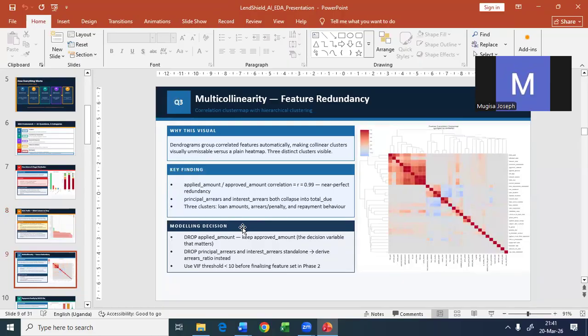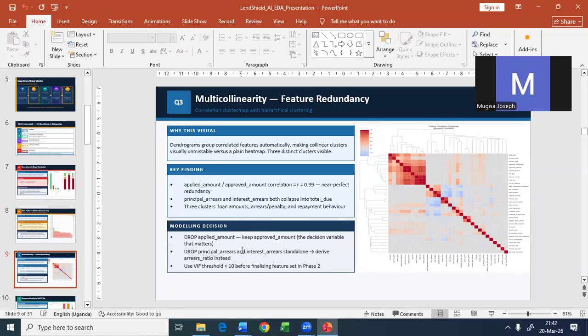So we had a visualization to look at multicollinearity. We look at how features are related to each other, and therefore we had to group features together. These ones which are grouped are showing us that these features are overlapping, and therefore they're just going to cause noise. So we had to make decisions to drop some of them.